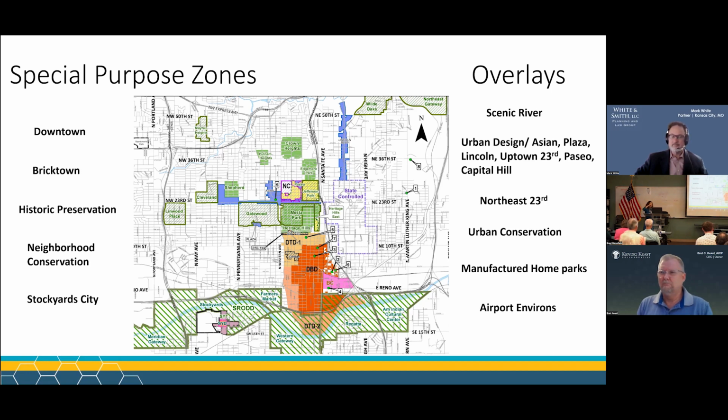So it's an overlay. They still have base zones underneath, like Northeast 23rd is a lot of C3, sometimes C4. I can't remember all the zonings over there. So they still have their underlying base zone that tells you some things you can do, but then it has stuff on top where it says, but also you can't have this or you should do this.